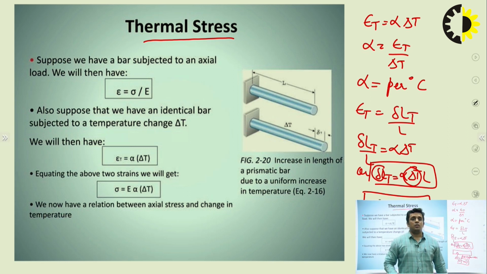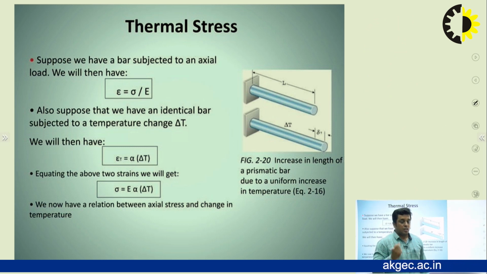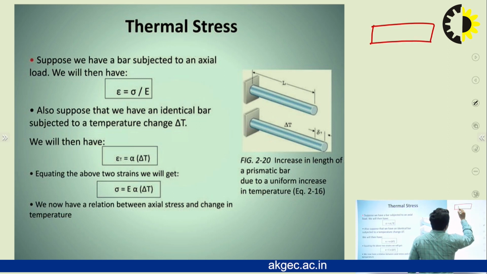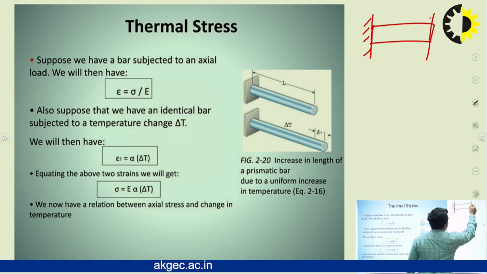But what happens when there is a restriction? If there is no restriction, it is a free expansion, and we have thermal stress equal to 0. But for a restricted case, I have a cylindrical body, and this body is fixed at both ends.